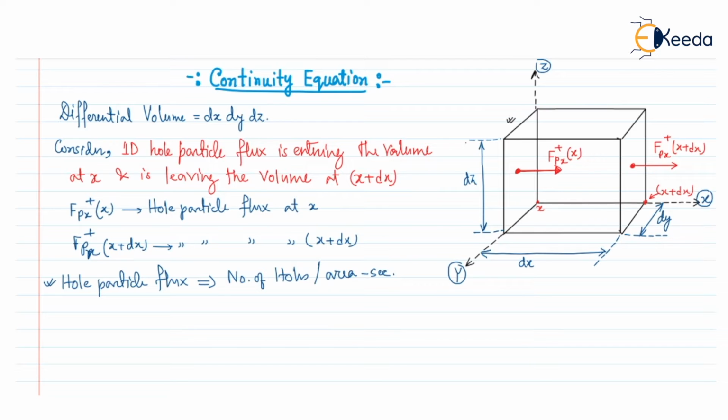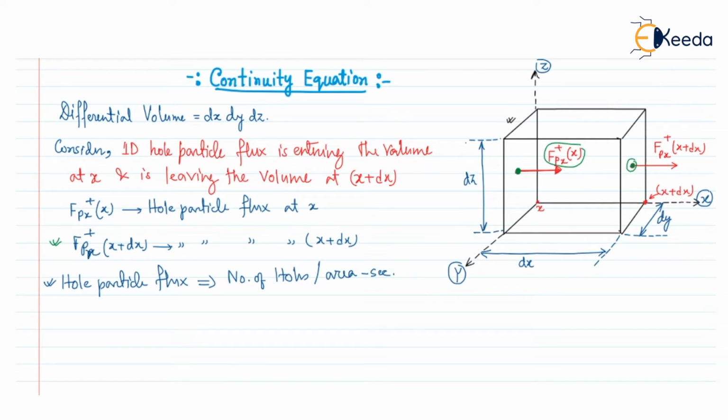Now, from this scenario, we can say that at the x point, the hole particle flux is Fpx at x plus, and at x equals x plus dx, that is this point, the hole particle flux is given by Fpx at x plus dx plus.